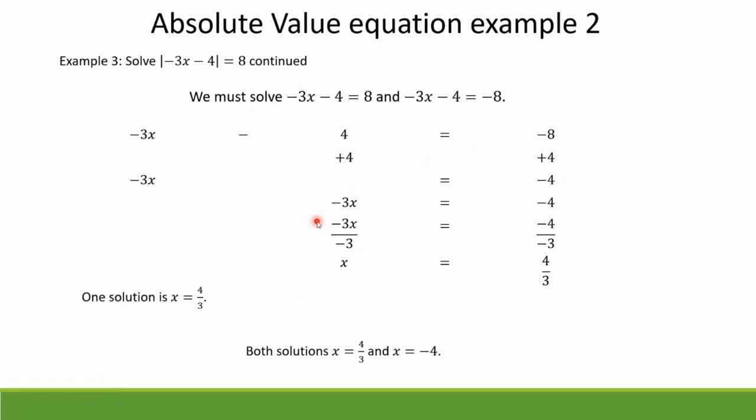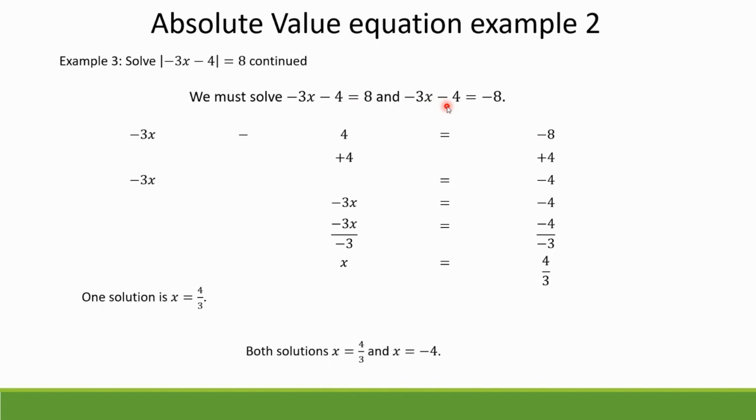Well, that's what we do here. It's actually very similar. The steps are almost identical, which is nice. So minus 3x minus 4 is negative 8. That's what we want to solve now. We have two equations to solve. We solved this one already. Let's solve this one.